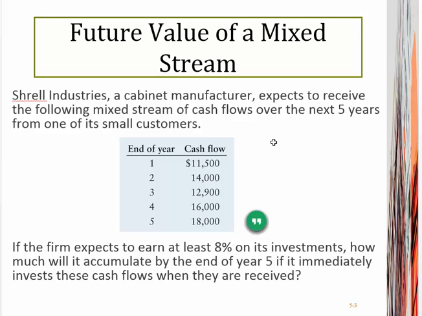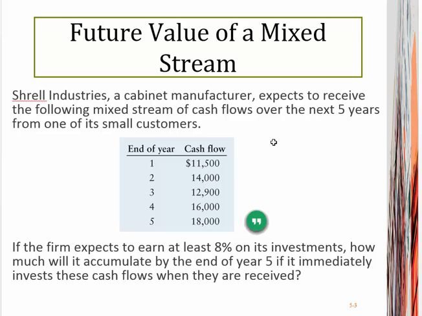So here's another example. We're going to expect to receive these cash flows in the future. We can earn at least 8% on our investment. How much will it accumulate by the end of the year? So now we're asking a future value question. If you receive these and reinvest them, how much will you have at the end?